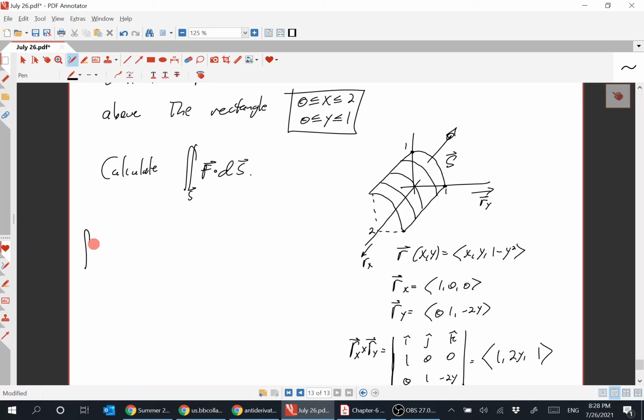So now the surface integral of F dot dS is equal to the double integral over R, and R is just this rectangle here. It's the part of the surface that's above that rectangle.